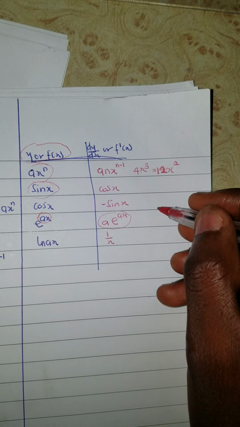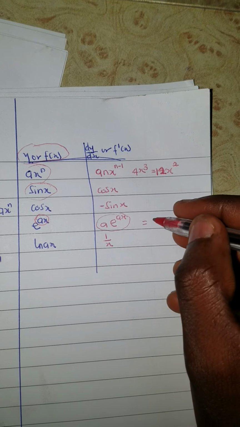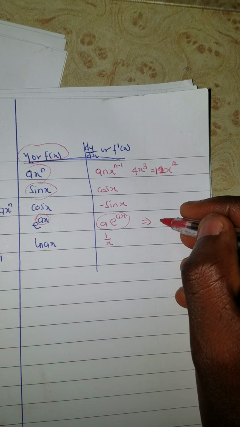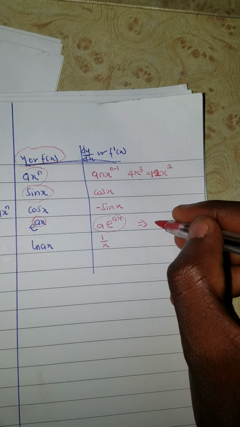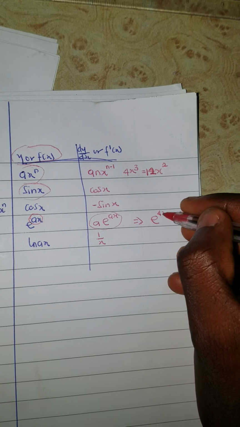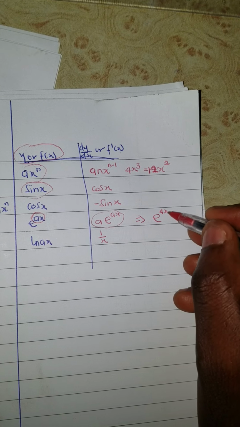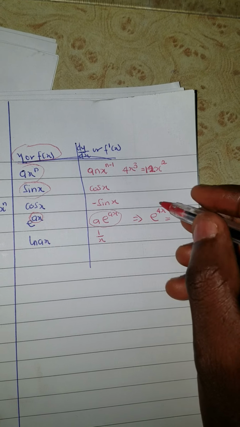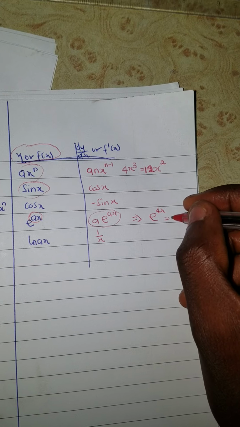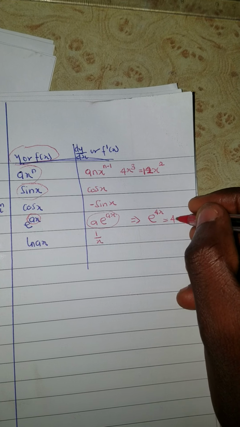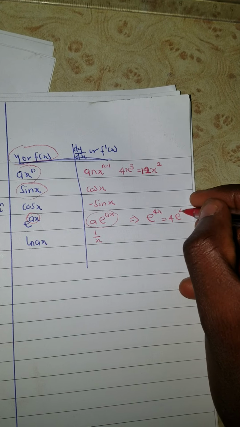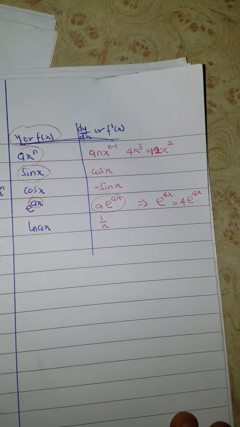For example, if you are given something like e raised to the power 4x, if you differentiate the 4x, you're going to get 4. So multiply 4 by the whole function, and that is how you differentiate this.